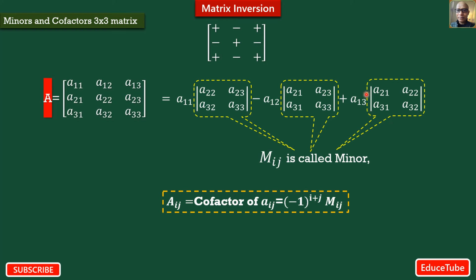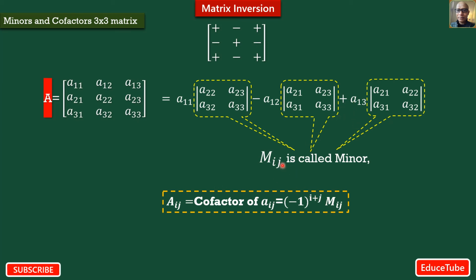Again, this one A13 is in this position. So if I put 1 plus 3, it will be 4. So it is even, minus 1 to the power 4, so this one will be plus.